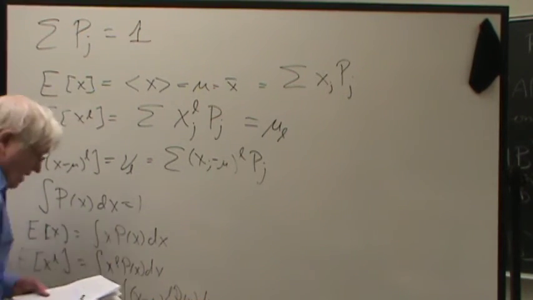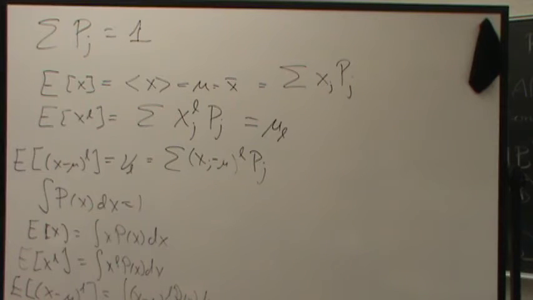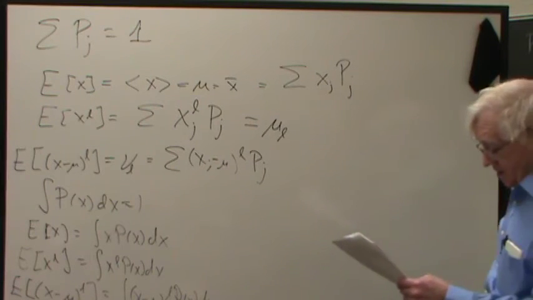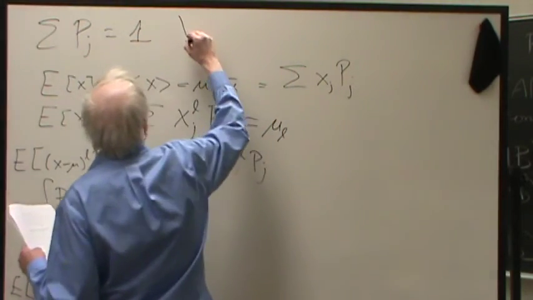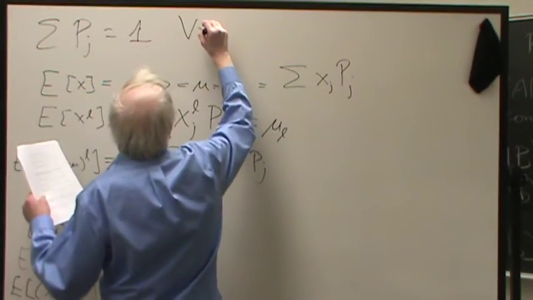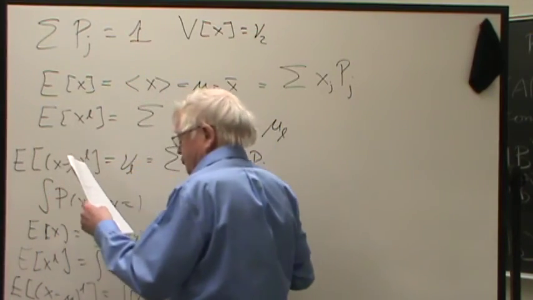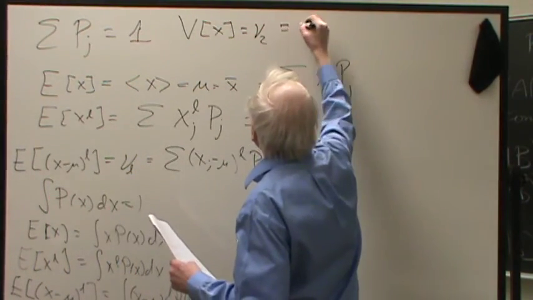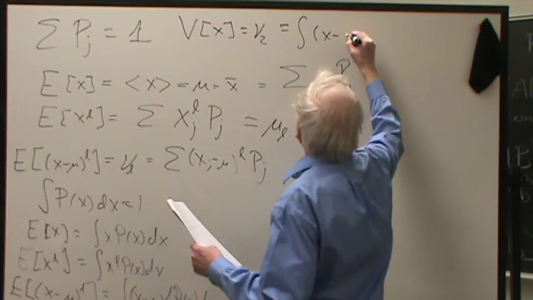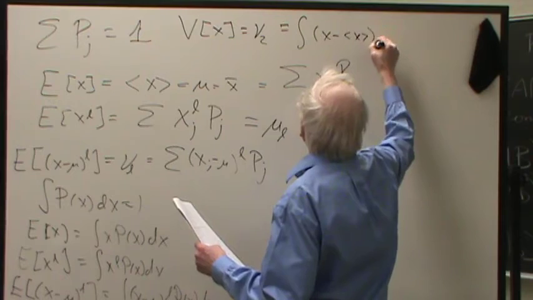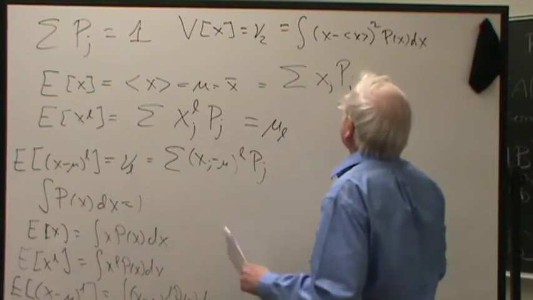Now, one thing that's really important in probability, apart from these various means, is the variance V of x. It's just the second central moment, in other words the integral of (x minus the mean value of x) squared times p of x dx.